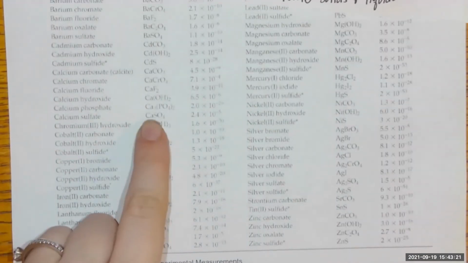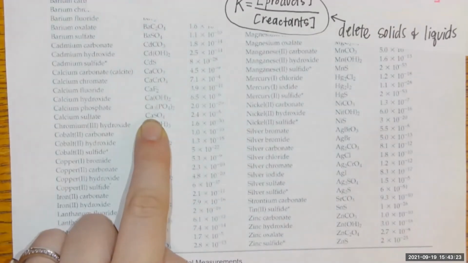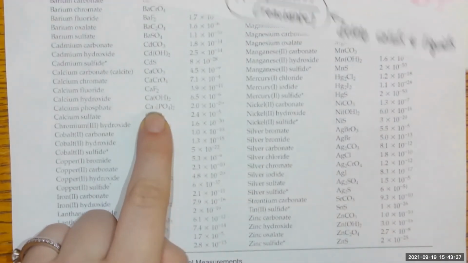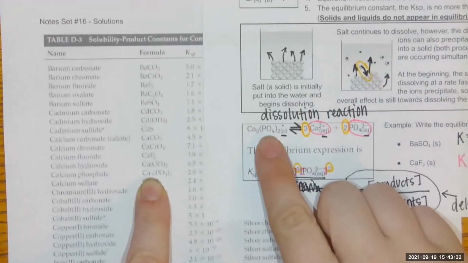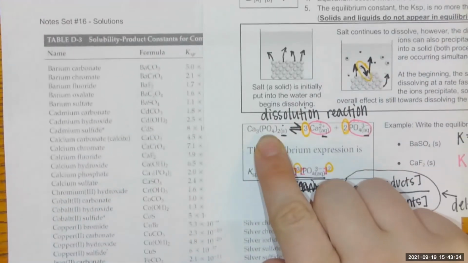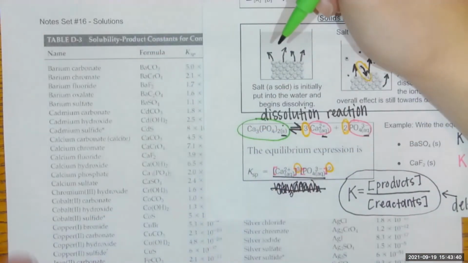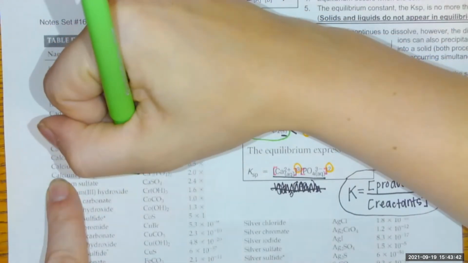Let's see if I can find any of those here. Here's calcium sulfate. Oh, no, that wasn't one of them. Sorry, let's look. Calcium phosphate. Here's the one right here. Calcium phosphate.